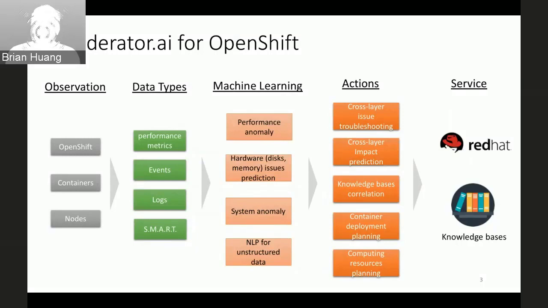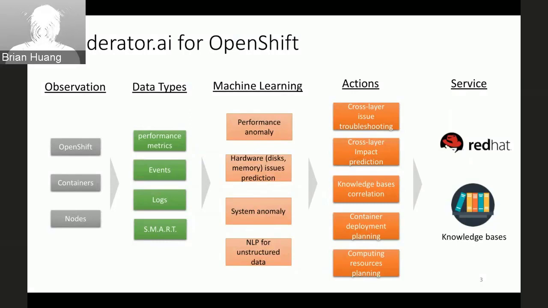The last one is the work we are working on, where we use natural language processing to understand the log content and event content, and then correlate the logs and anomalies within logs and events to a knowledge base to help IT administrators quickly conclude the root cause from the knowledge base and the possible solutions that may apply to the issue they are facing.